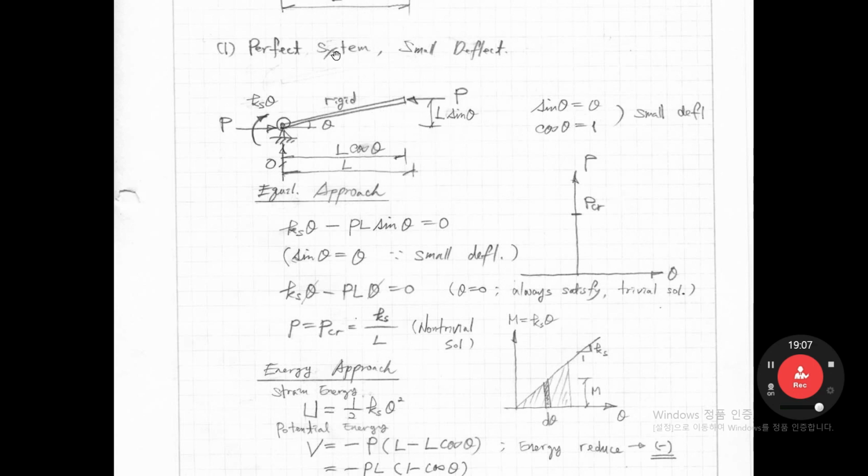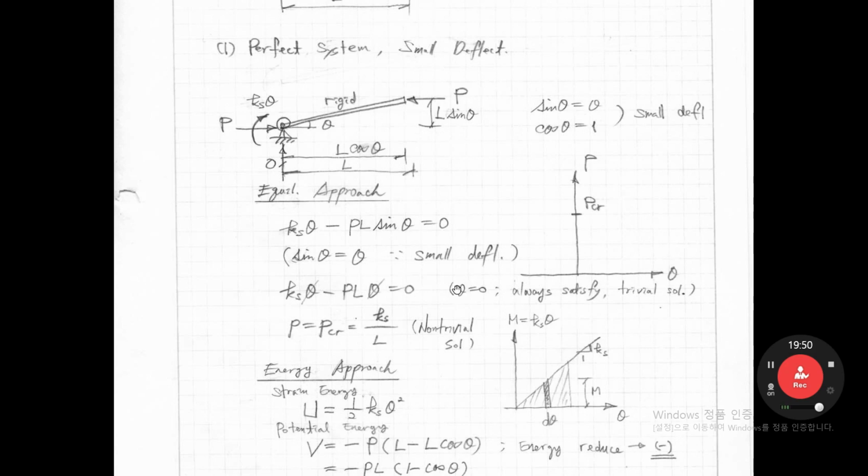It is in the opposite, counterclockwise direction, so it is minus, okay? Equal to 0, right? So Ks theta minus PL sine theta equals 0, with sine theta equal to theta, okay?